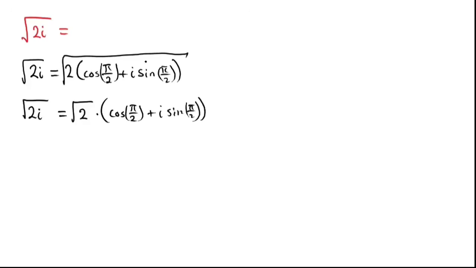Remember, we had the square root for this part, so that's power half. Now, if I apply De Moivre's theorem, this half should multiply the angle, which is pi over 2. So root 2i will be equal to root 2 multiplied by open bracket cos pi over 4, we've applied De Moivre's theorem, i sine pi over 4.